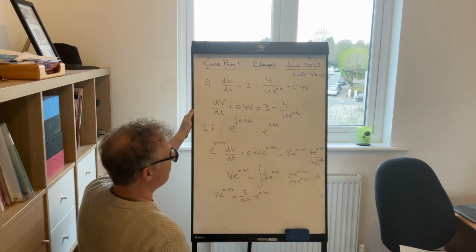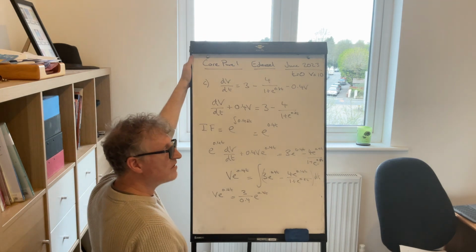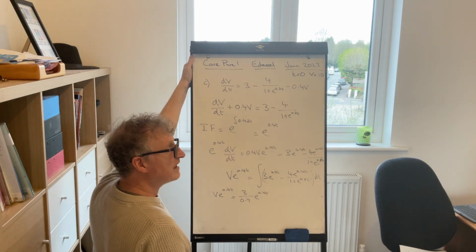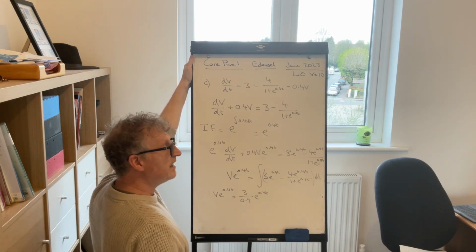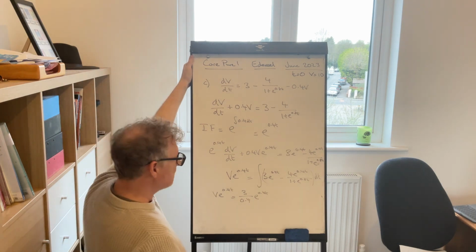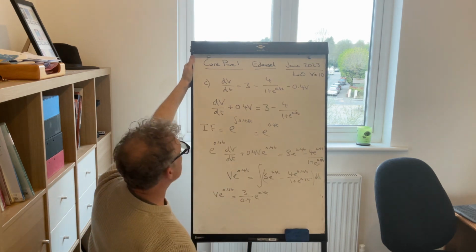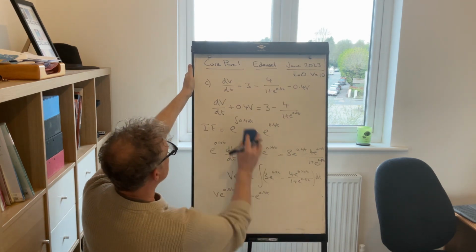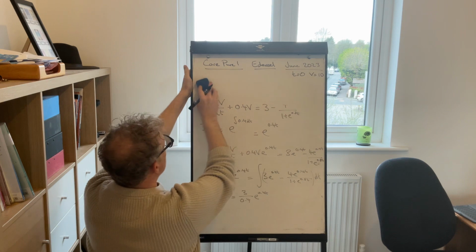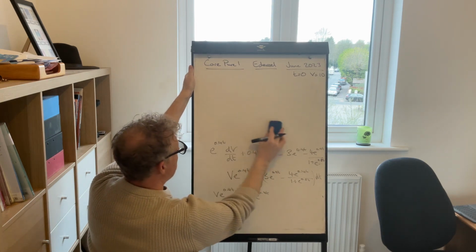This term, oh, that's kind of like what we got when we differentiated arctan e to 0.4t in part B. So, let me just remind myself. Shall I write it up here just to remind you what we got for part B? Well, I'm sure you've got it written down.